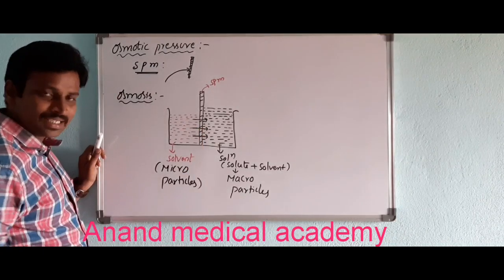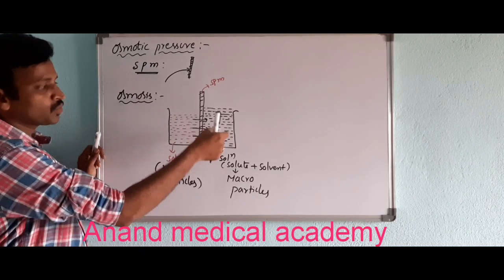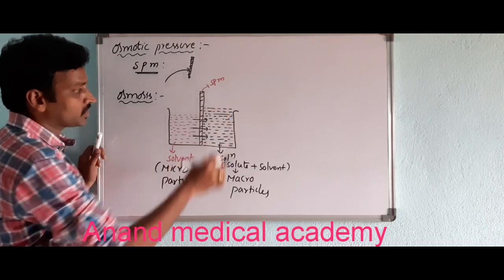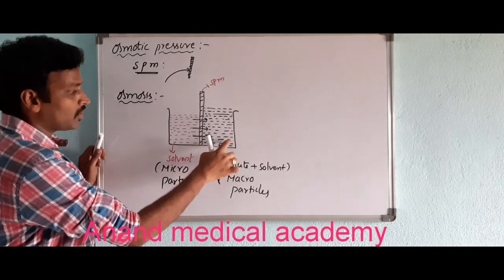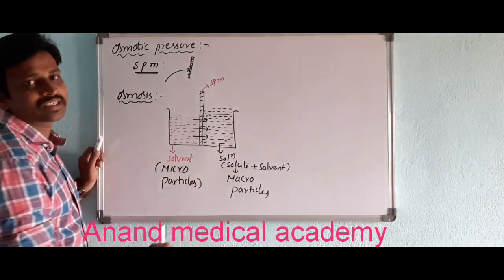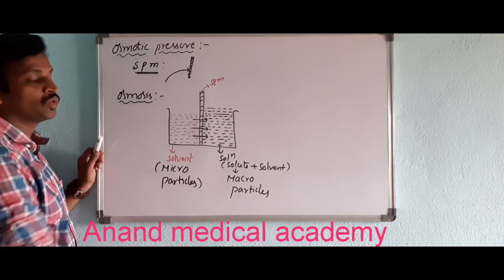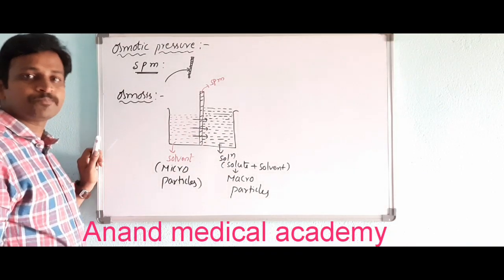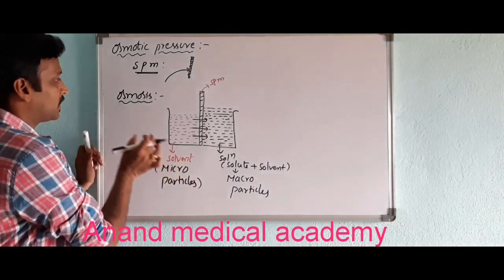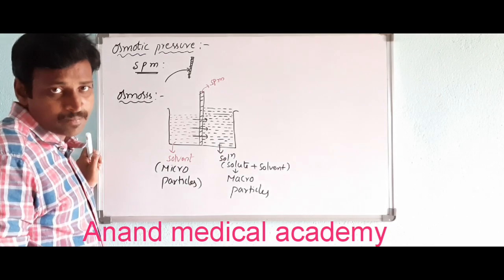Once both were added, the solvent flows from the solvent part to the solution part. Certainly the level of this solution will increase because solvent is increasing. It is slowly becoming low concentrated because solvent is flowing from the solvent portion to the solution portion. This particular process is called osmosis.